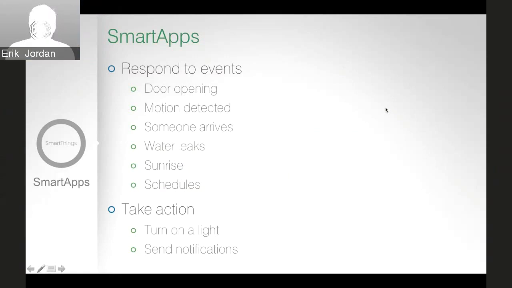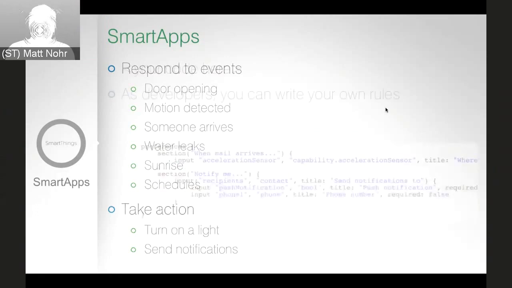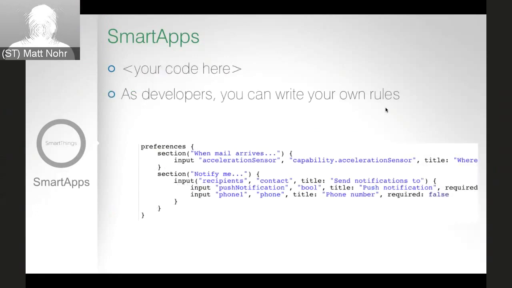And like April said, we provide hundreds of these smart apps out of the box. Developers have also written a number of them that we've reviewed and published, so you can find those in the SmartThings app too. But the big benefit of this open platform and these smart apps is that you can write your own, and we tried to make it pretty easy to do that.